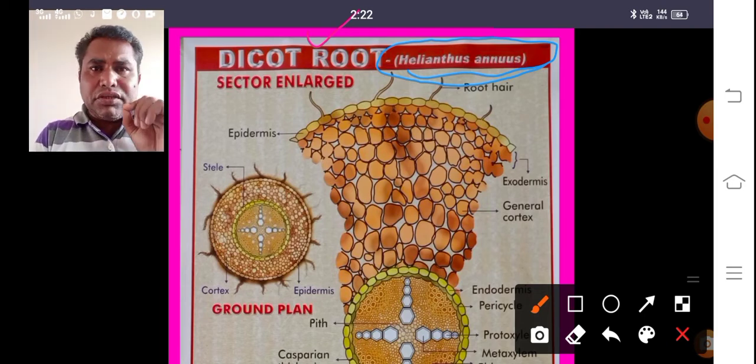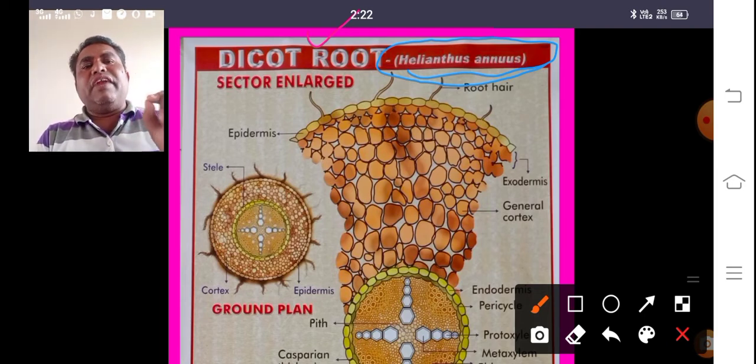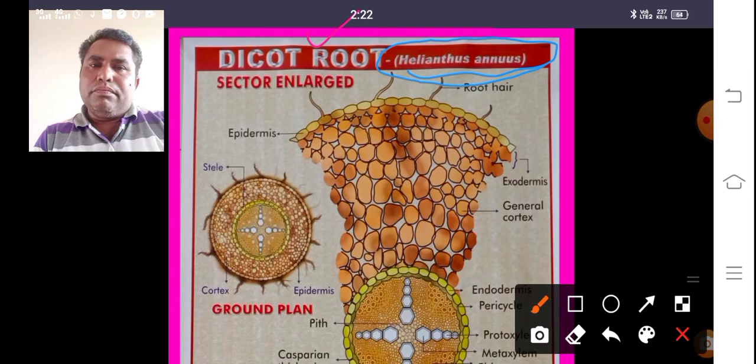Helianthus annuus is the scientific name of sunflower. So there is a question: what is the scientific name of the sunflower plant? In Telugu, Podutirugudu Mokka.